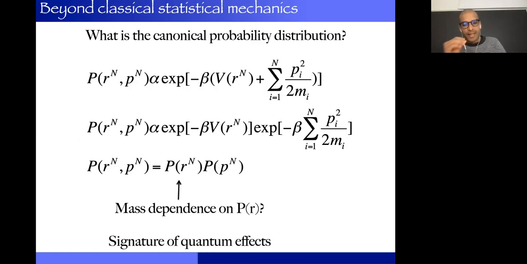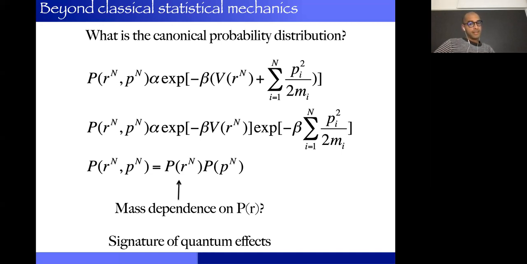Okay, so now this relates to Paul's question. Let's go back now to our canonical probability distribution function, in the classical ensemble, classical limit.